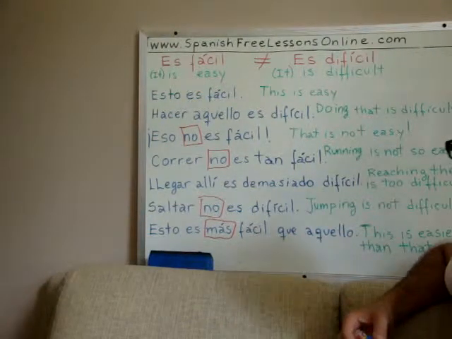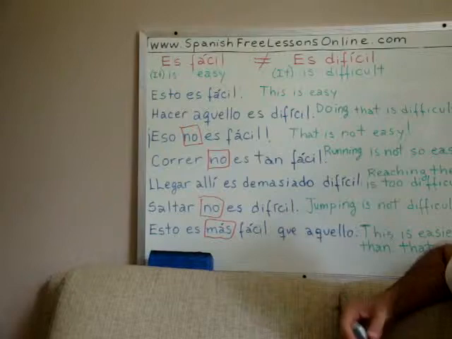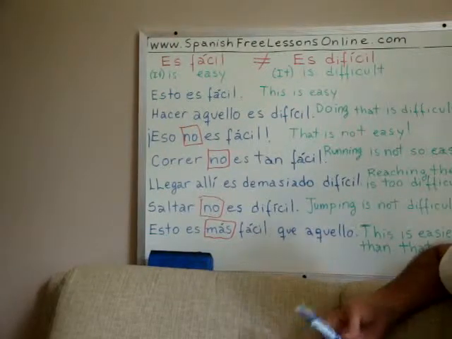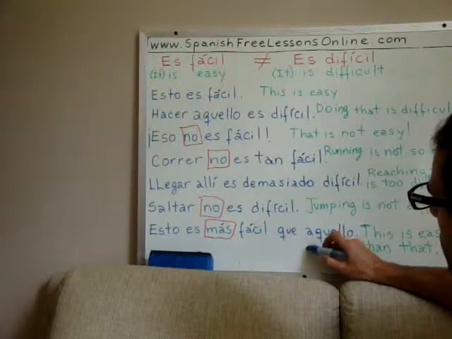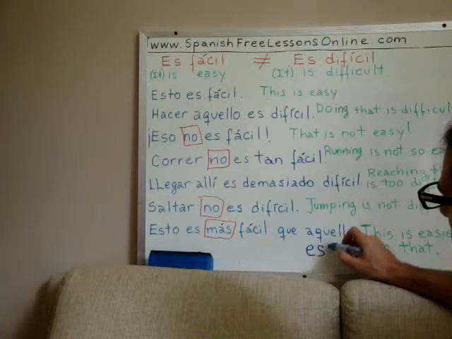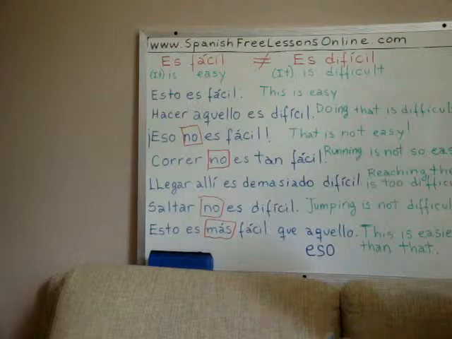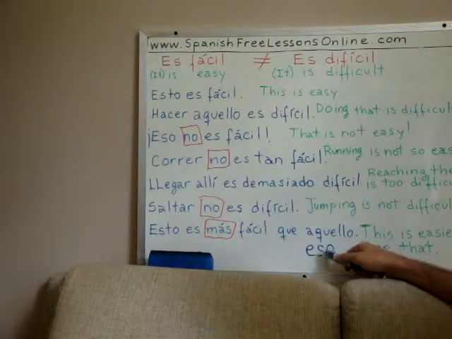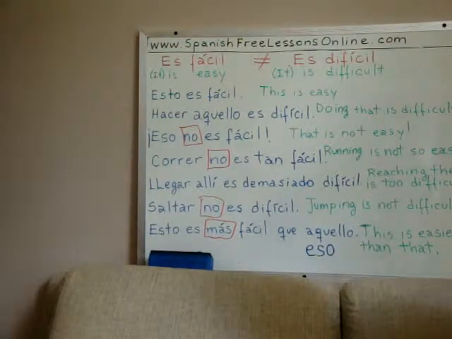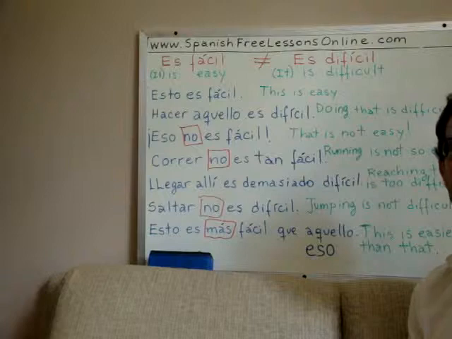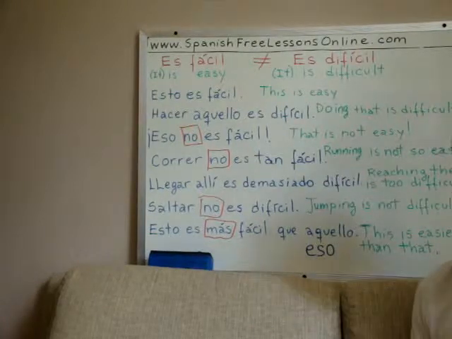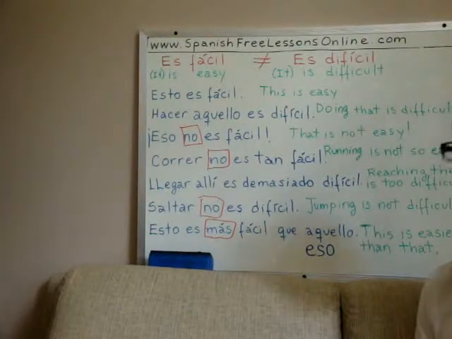For aquello, there is another word that means exactly the same and is as much used. It is the word eso. Aquello and eso are synonyms. And both of them change their ending, whether they refer to a feminine or a masculine noun, or whether it is plural or singular.